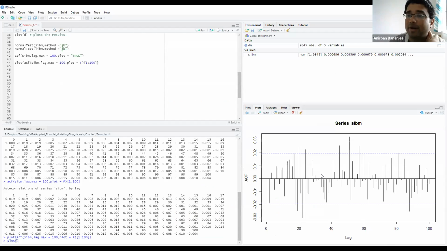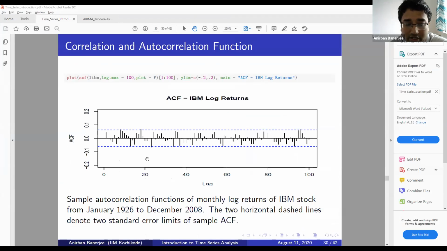But possibly it is not a very great idea to go with modeling based on those values. We are not talking about how to model based on what you observe, but just to show you that the autocorrelation function indicates that based on my higher order terms, there is some sort of autocorrelation. That was the IBM series.